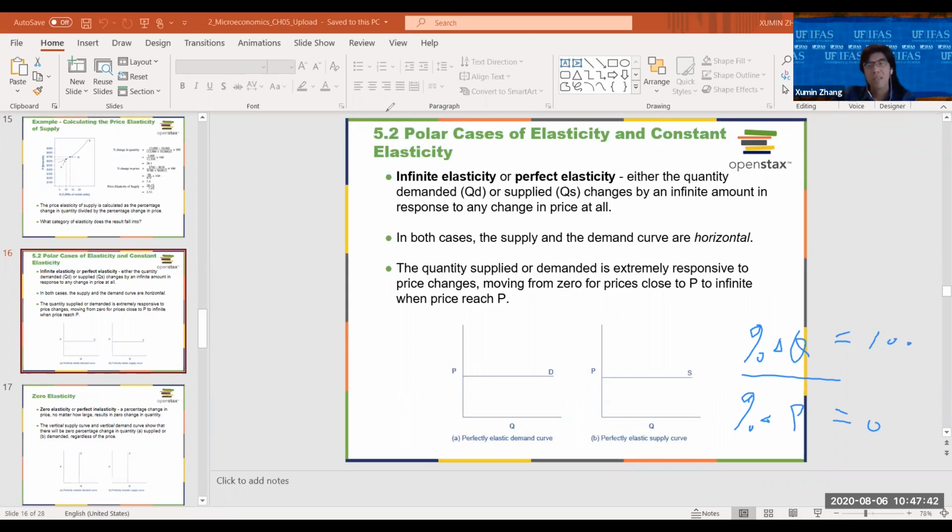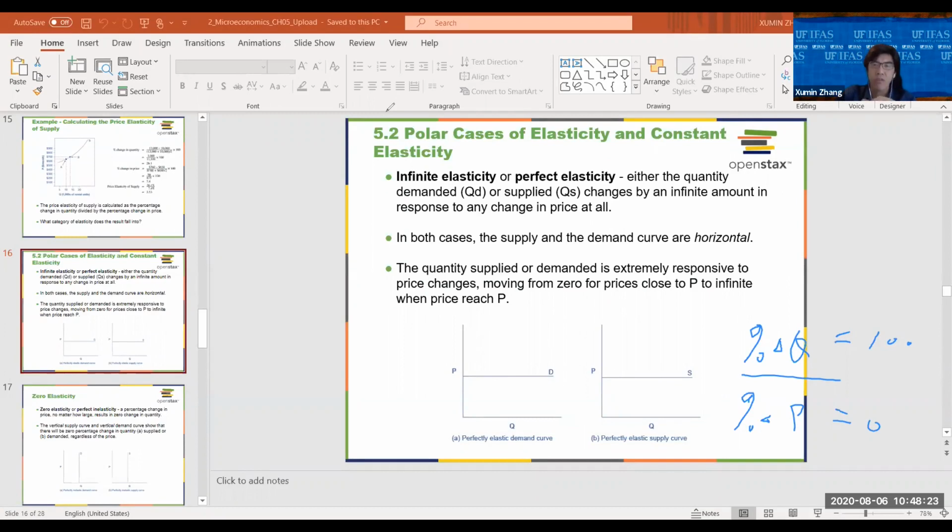Usually we would say that this is an extreme scenario, but it does happen. For example, with commodity products like soybeans and corn, those grains, you can imagine that if you increase the price higher than the market value, we usually use the futures market, there will be no demand at all.